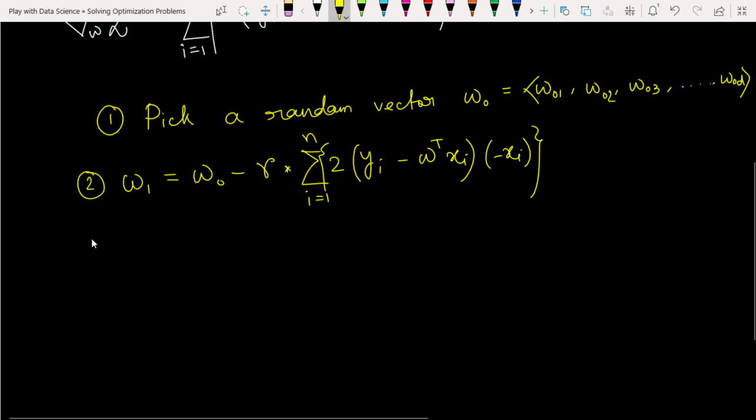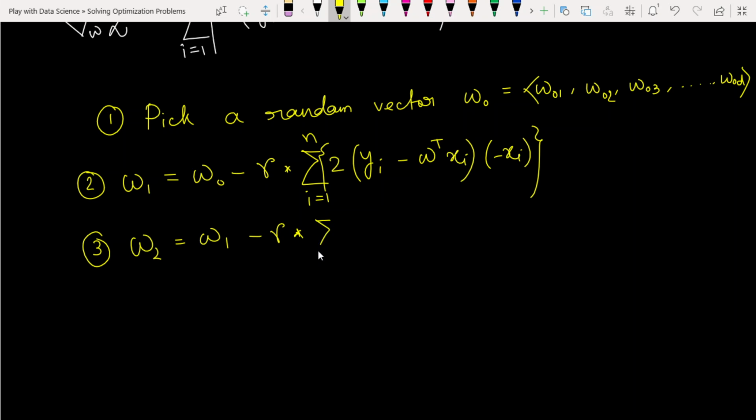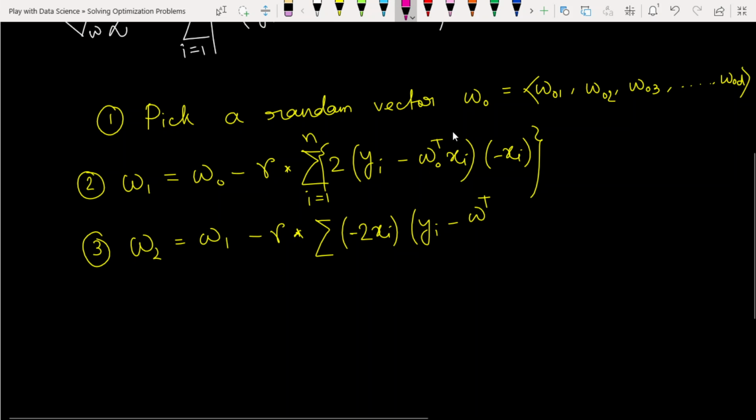Now I'm going to the next step using the same formula. w2 will be w1 minus r, the same learning rate, times the sum of 2 xi (yi minus w transpose xi). Here, this w is actually w naught, because we are going to calculate w1.